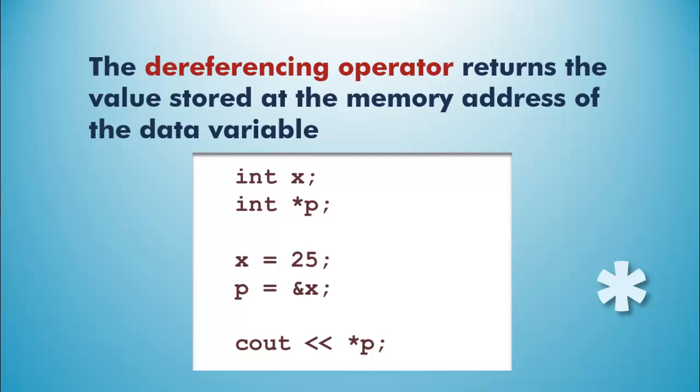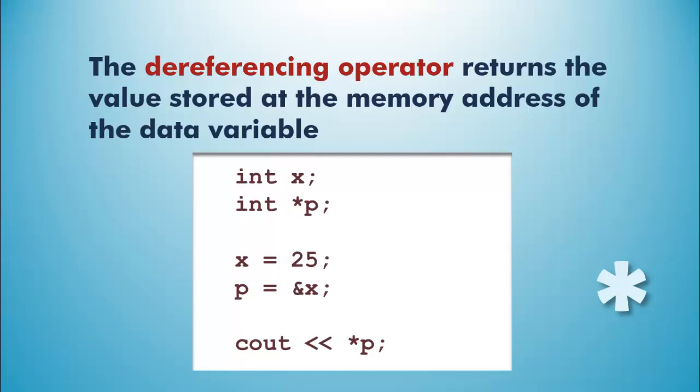So here you see our code's getting a little bit more complex. I have an integer variable called x, and I have a pointer variable called p. I am going to assign the value 25 to x, and then I'm going to assign the address of variable x to p.